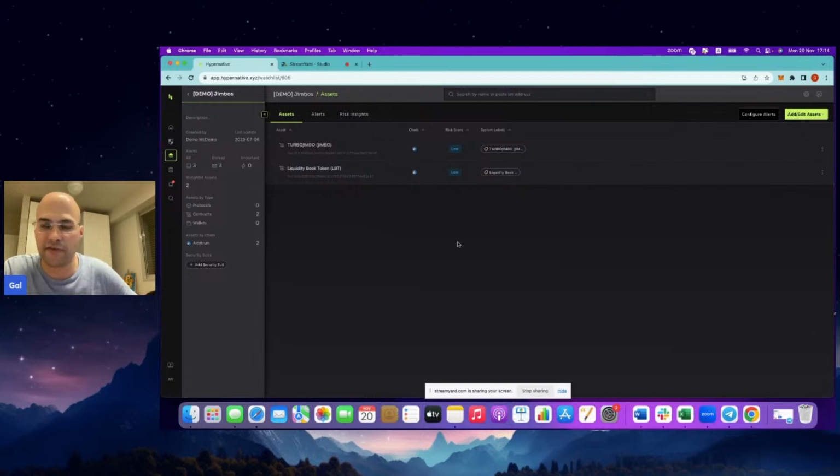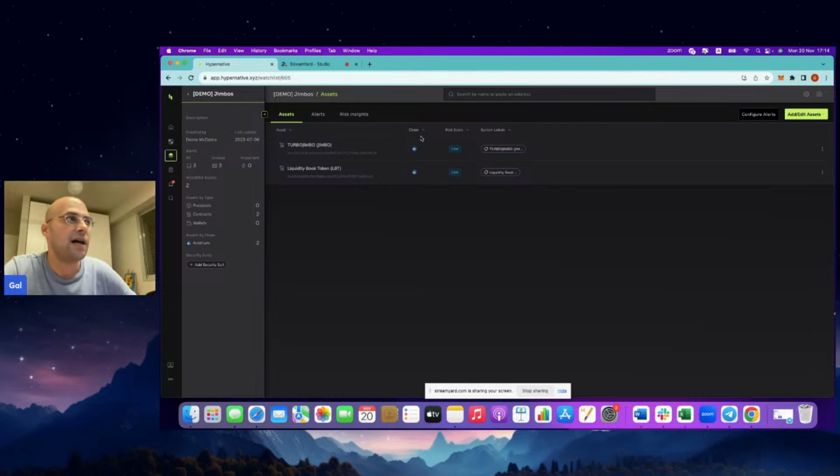By the way, a lot of times you also integrate with other protocols or oracles or any other third-party providers, and you might also want to monitor these, so you can also add them to your watch list.